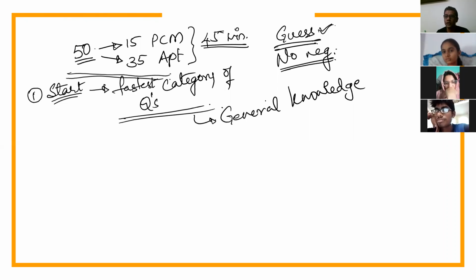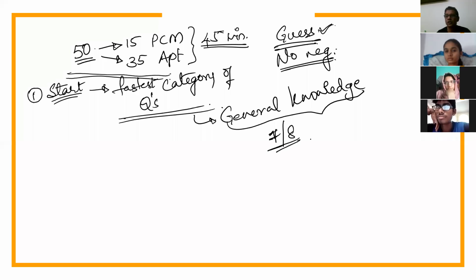You can't do anything with that, right? You cannot sit and search for it. You cannot sit and think over it. So these are the fastest category of questions because of the time they consume to solve. Typically, we can end up doing around 7 to 8 general knowledge questions in a span of 1.5 minutes.